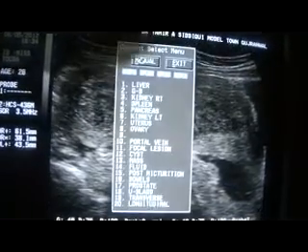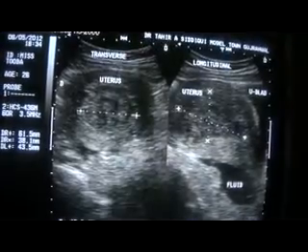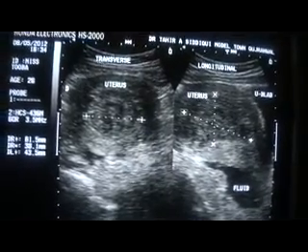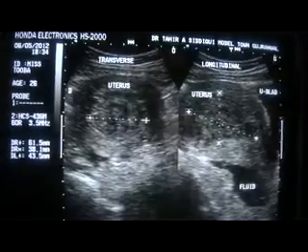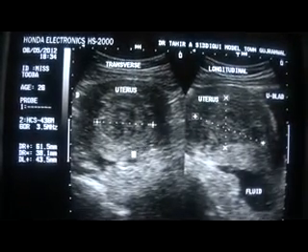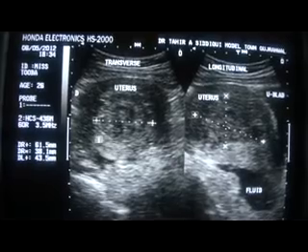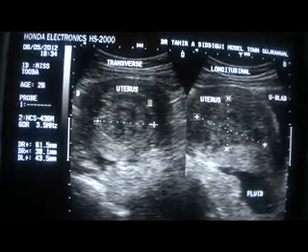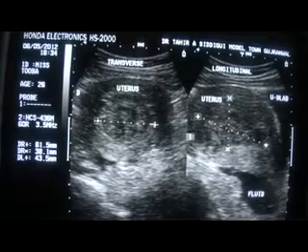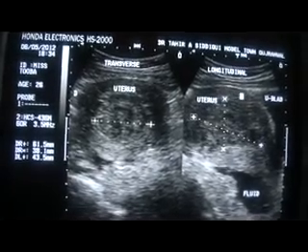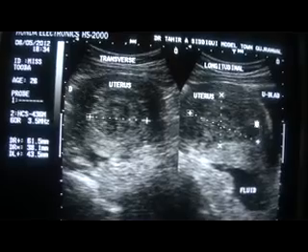This is a small pocket of fluid which measures 8.2 centimeters by 4.5 centimeters by 6.5 centimeters. This is the uterus in transverse section.